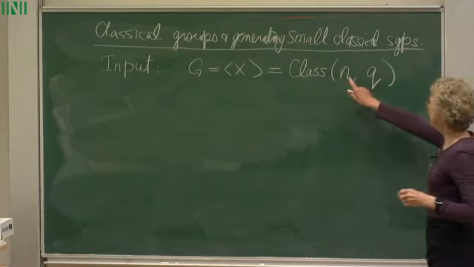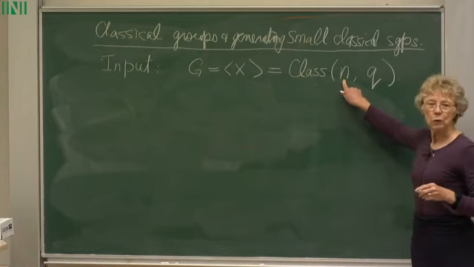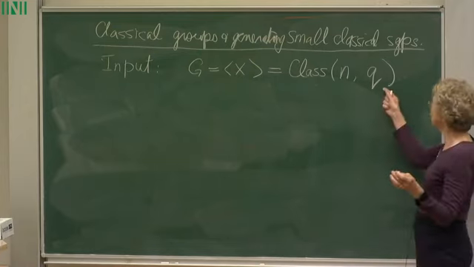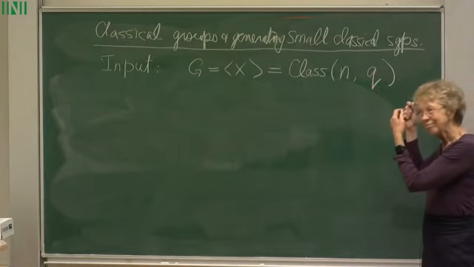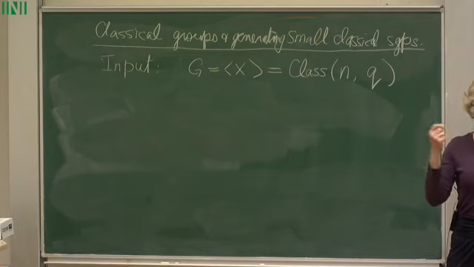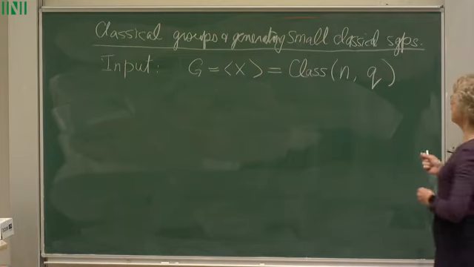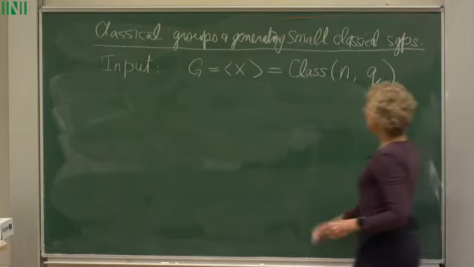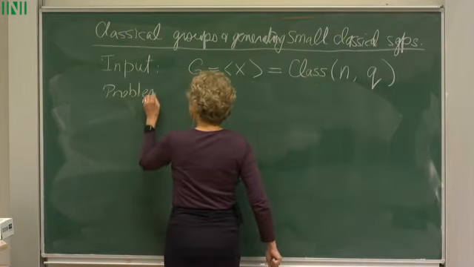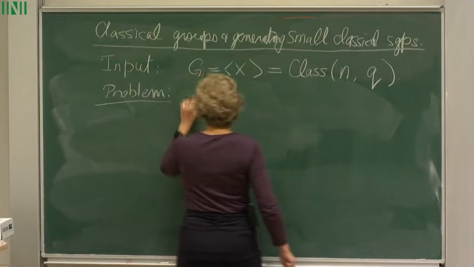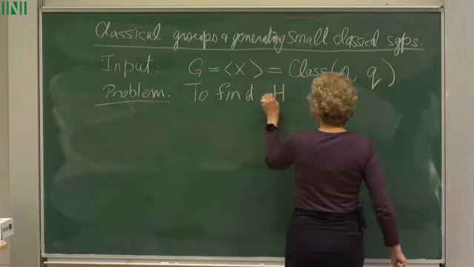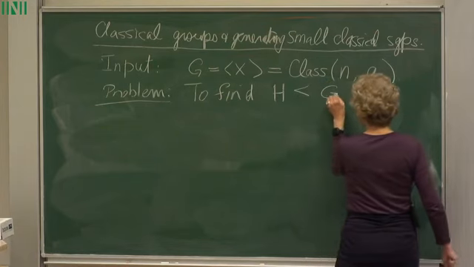So it will be an n by n classical group, maybe unitary, symplectic, orthogonal, that sort of thing, over a field of order q, or SL. But my problems have always been with the non-linear issue here. And the problem is to find a classical subgroup of G.